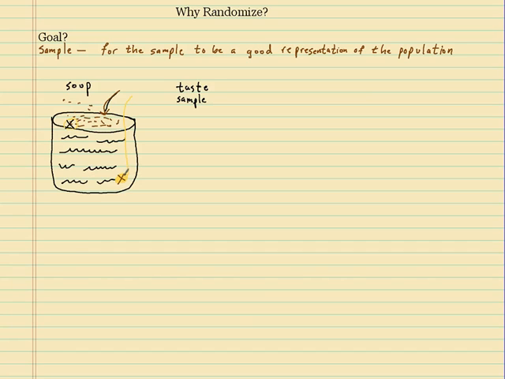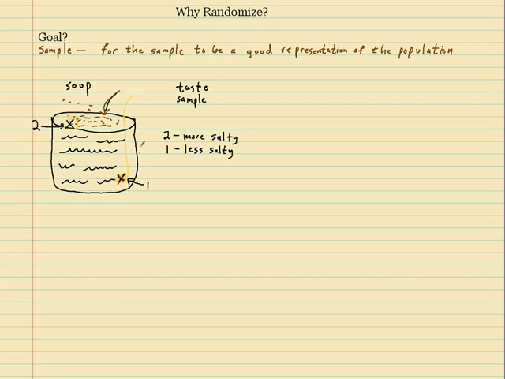What's the difference between these two samples? I'll call this sample 1, and I'll call this sample 2. Sample 1 is less salty. There's no salt, because all that salt's on top.